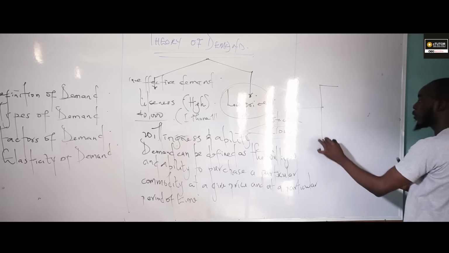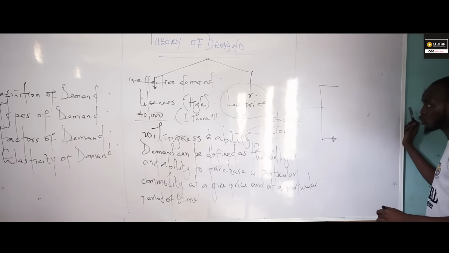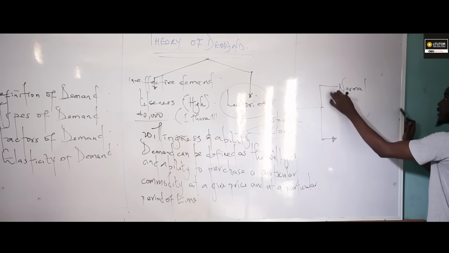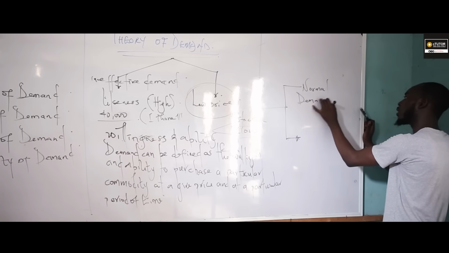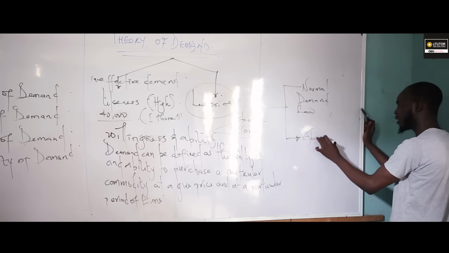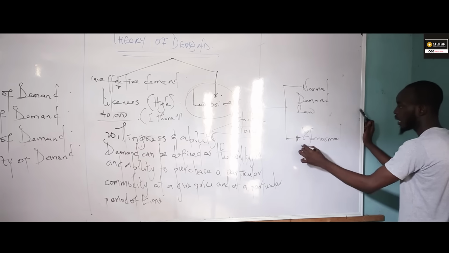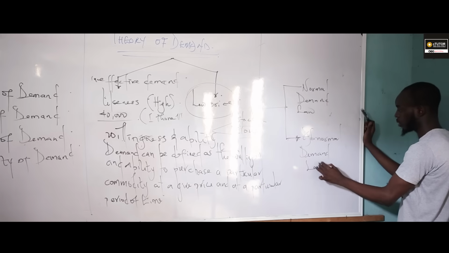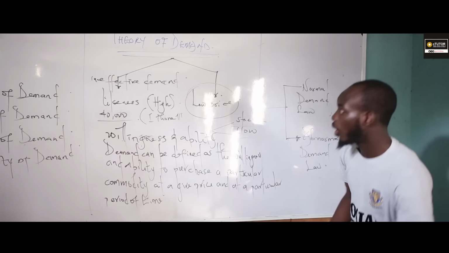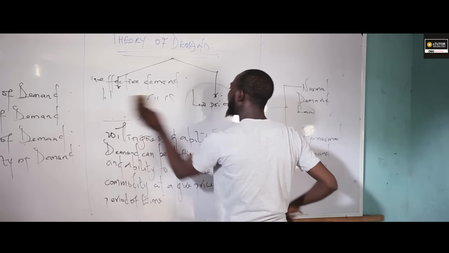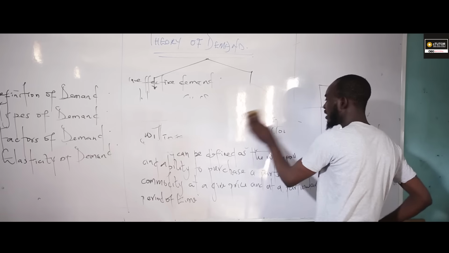We have normal demand law and abnormal demand law. Now, under that criteria, the normal demand law is the one that is very, very common.